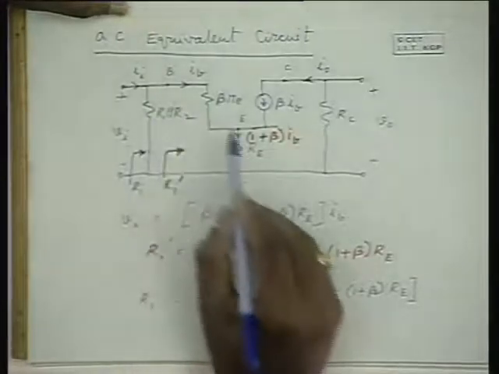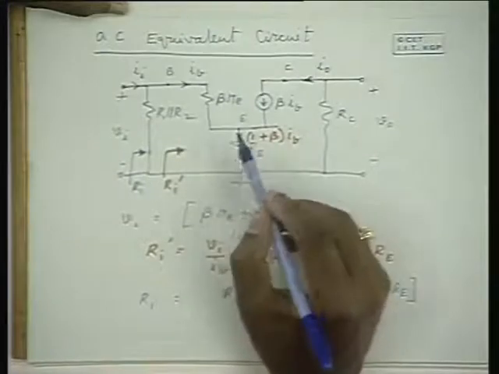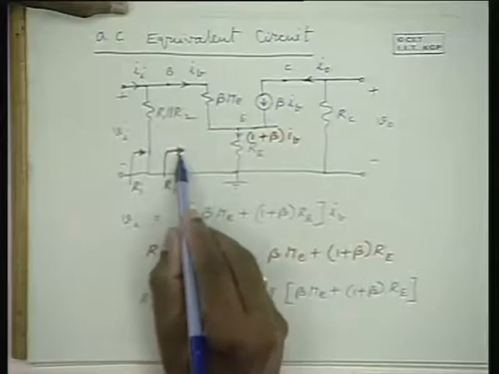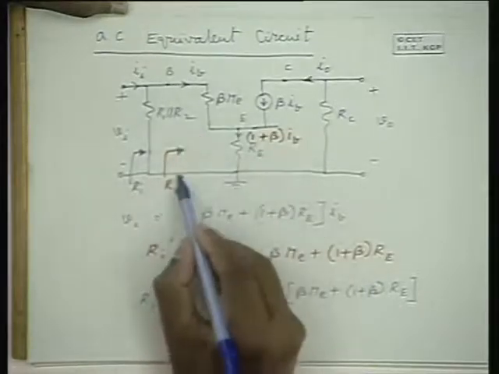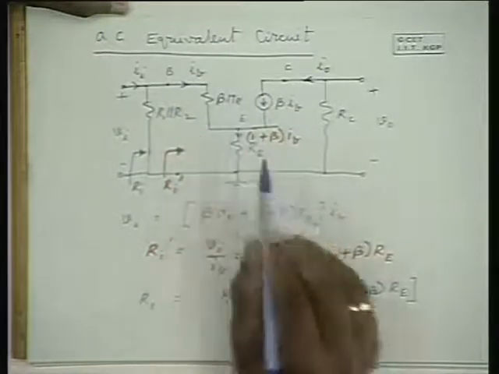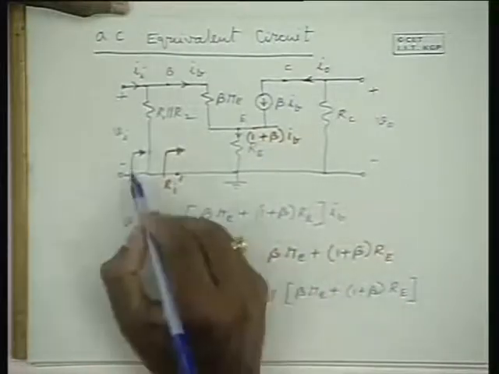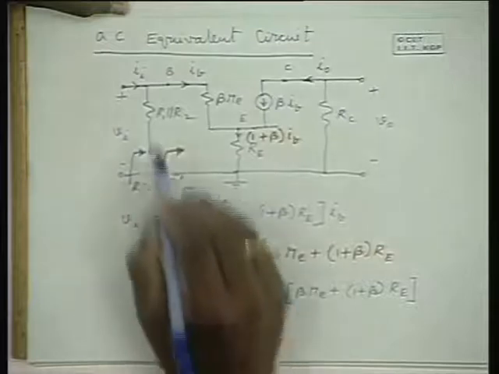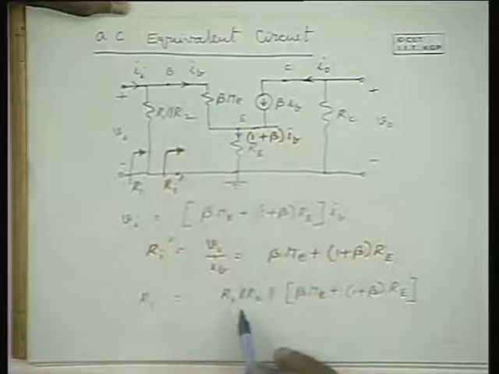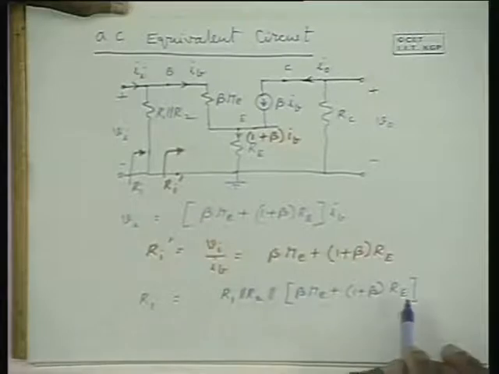This is the equivalent circuit which we obtained in the last class, and from it we got the input impedance between this terminal and this terminal as Ri dash, equal to beta times re plus (1 plus beta) into RE. The input resistance is the parallel combination of R1 and R2 and this Ri dash, which is given by this expression. So therefore the input impedance is this.